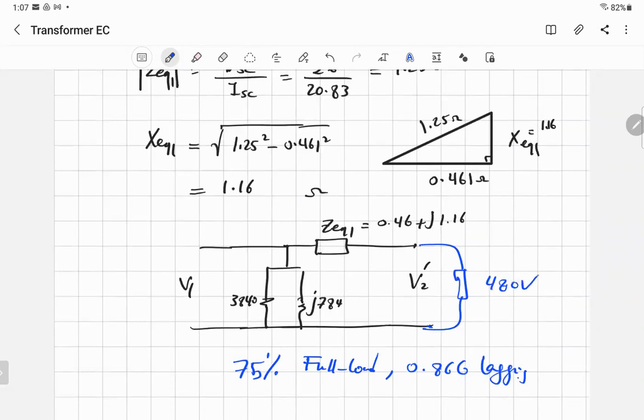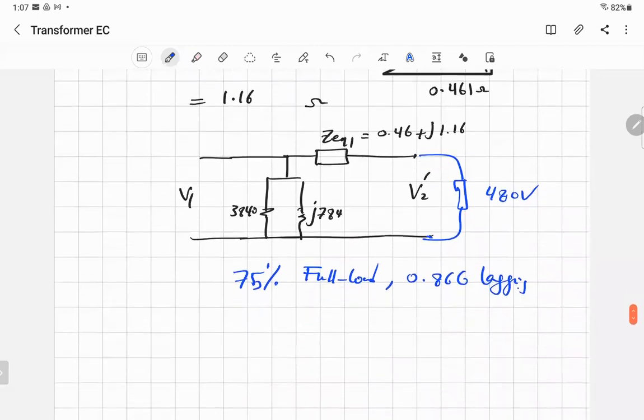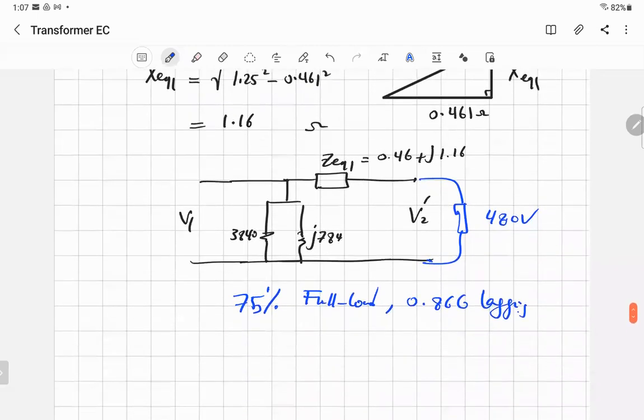What about the amps? It's telling you 75%. So how can you find the current? The current here, by the way, is I2 dash. What's I2 dash? Well, you know I2 over I1 is equal to N1 over N2.